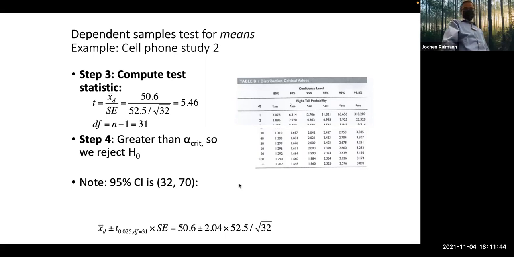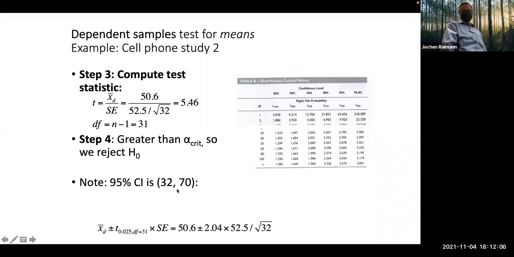The t of 5.46 is greater than the critical value for a confidence level of 95%. We go to 30 degrees of freedom, which gives 2.04. So 5.46 is greater, with degrees of freedom 31.